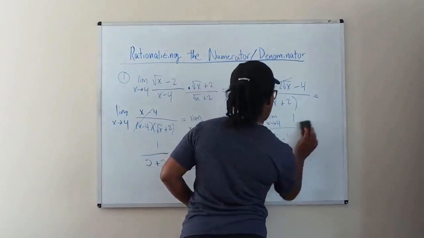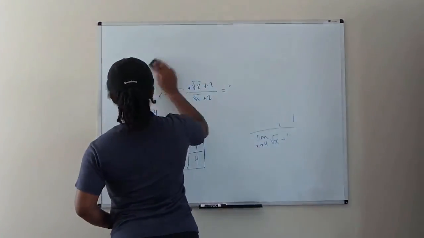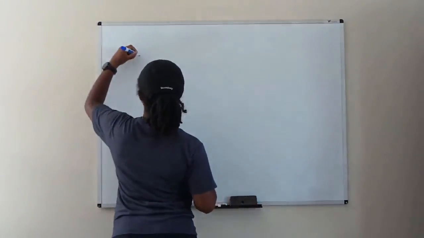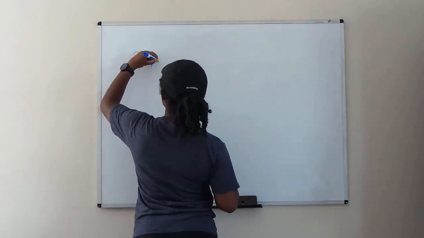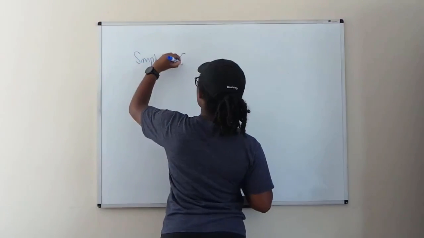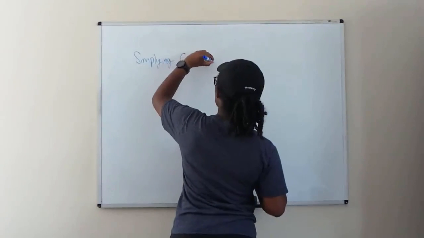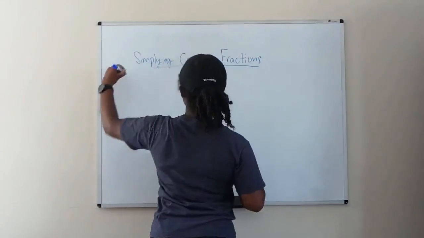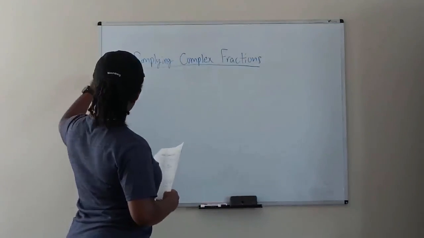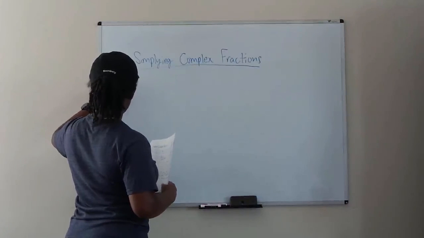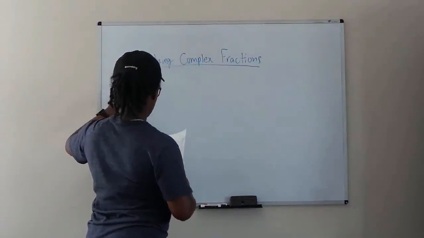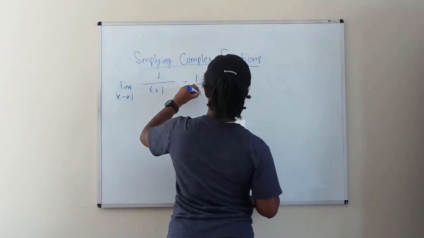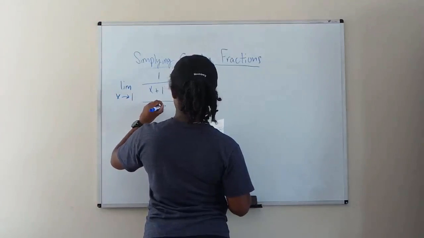Okay, so the next thing we're going to cover is simplifying a complex fraction. Let's say we're asked to find the limit as x approaches 1 of 1 over x plus 1 minus 1/2, all over x minus 1.